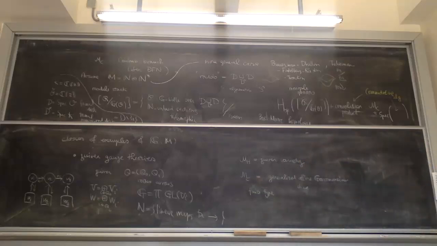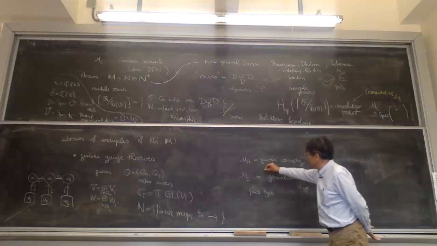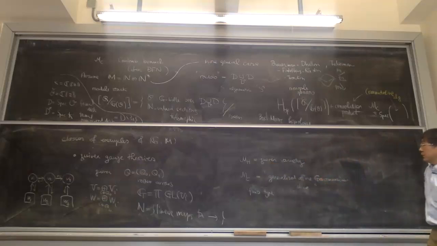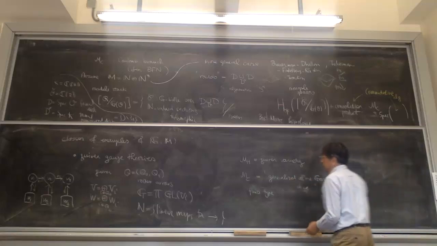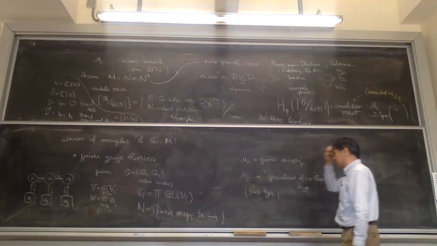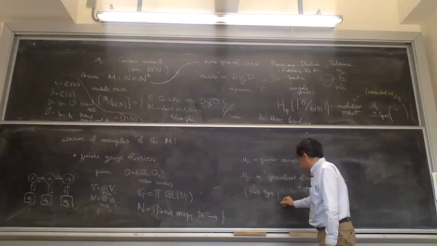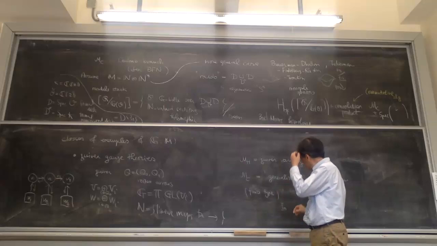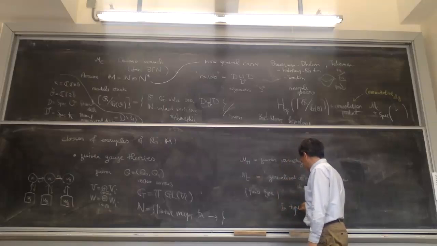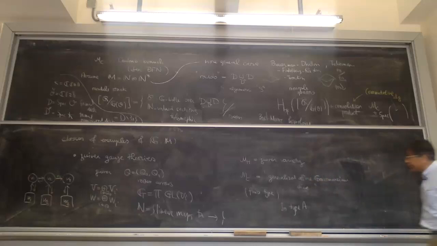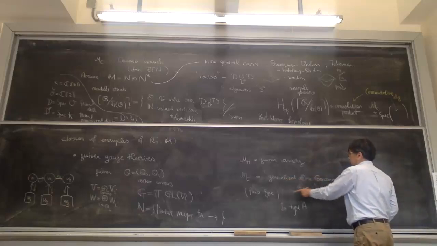Since this result is not relevant to my talk, I will not explain what the affine Grassmannian is. But anyway, for the finite type case, this is some known space. And what is relevant in this talk is the following. In type A, we have a different description.